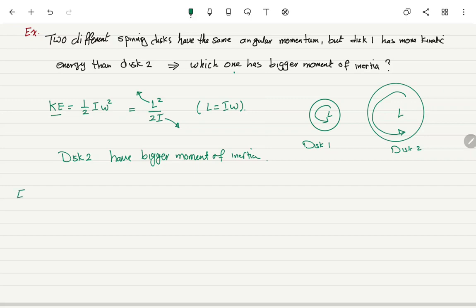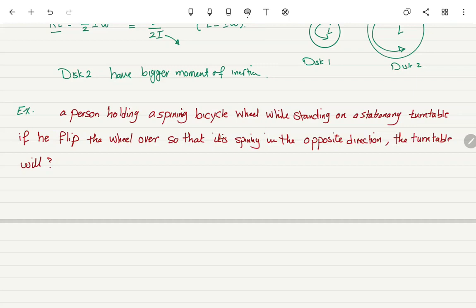Example: a person holding a spinning bicycle wheel while standing on a stationary turntable. If he flips the wheel over so that it is spinning in the opposite direction, the turntable will, in this case... The total angular momentum of the system is actually upward and it's conserved.